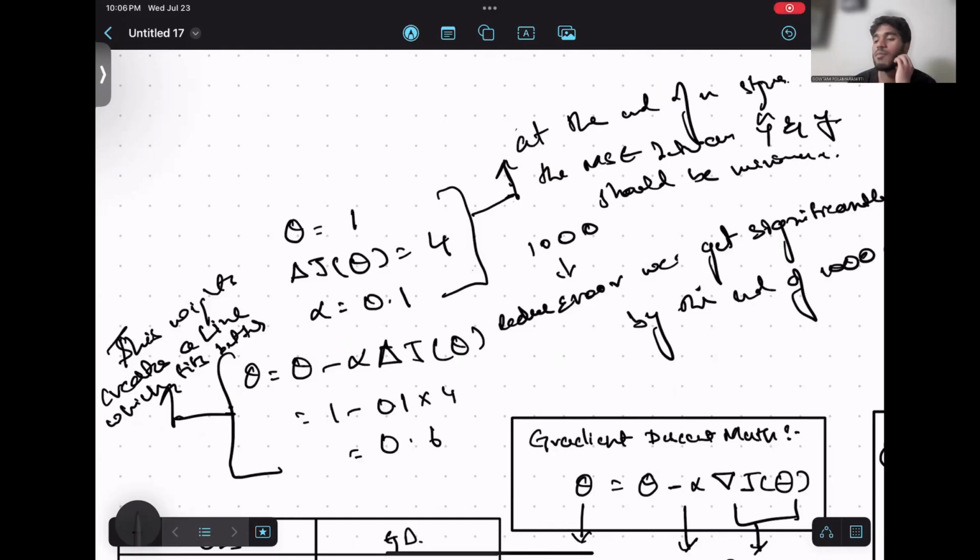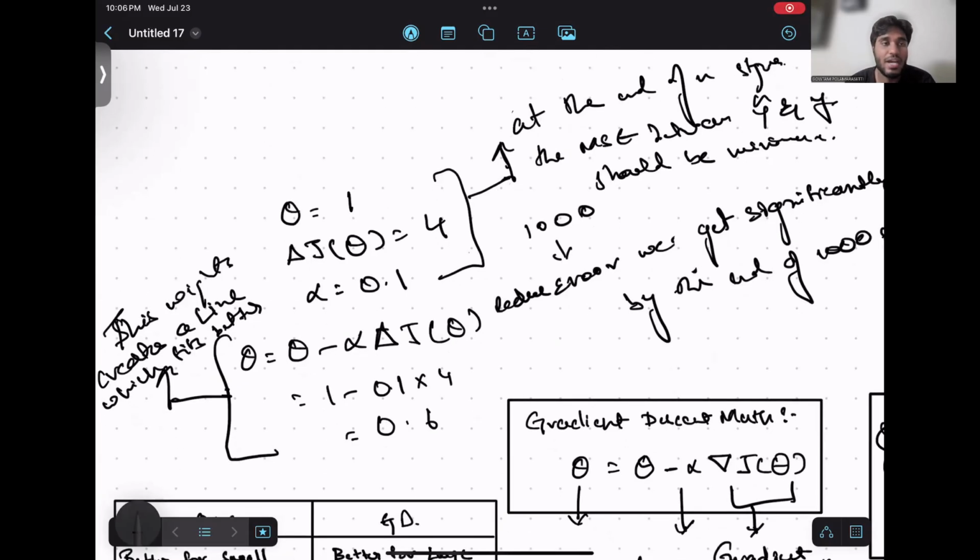So here we don't make any complex calculations for matrix inverses or matrix transposes. We just iterate over multiple steps, and we just reduce the weights, or sometimes we increase the weights if the gradient is negative, to fit the weights better to the equation and find the best fit line for that.